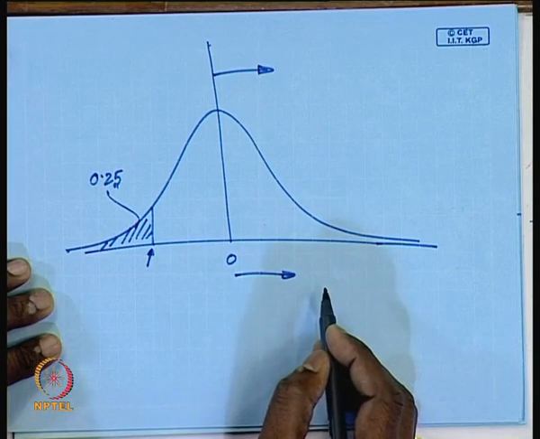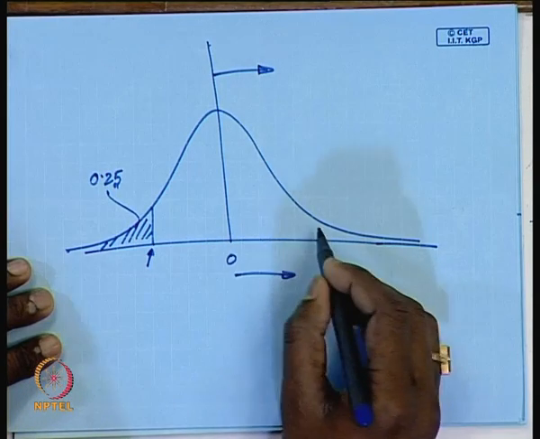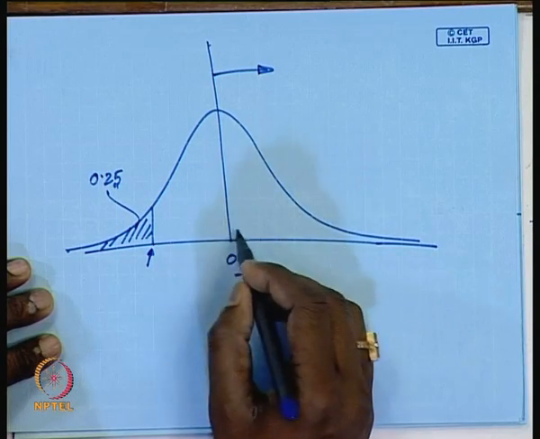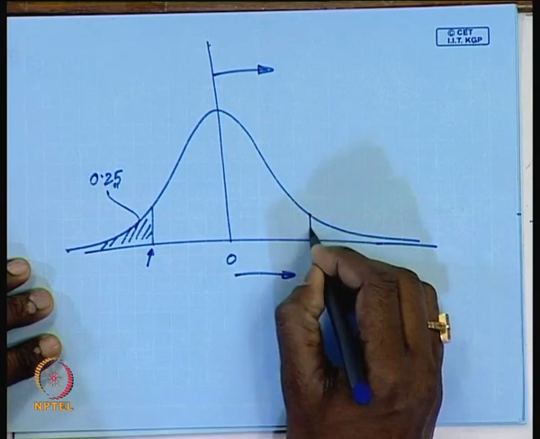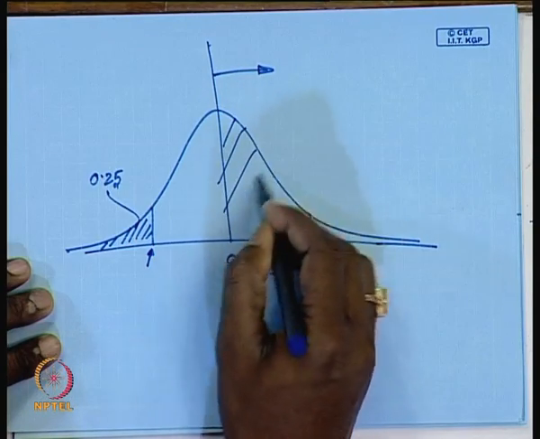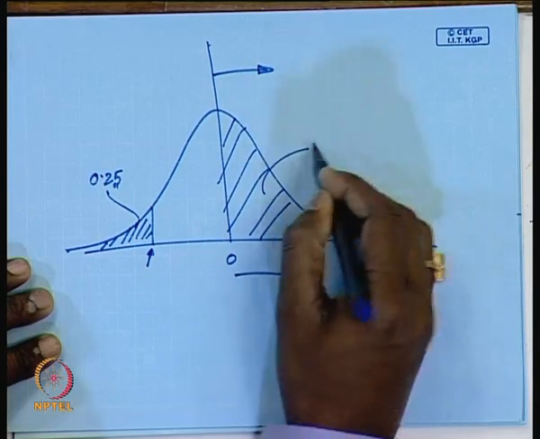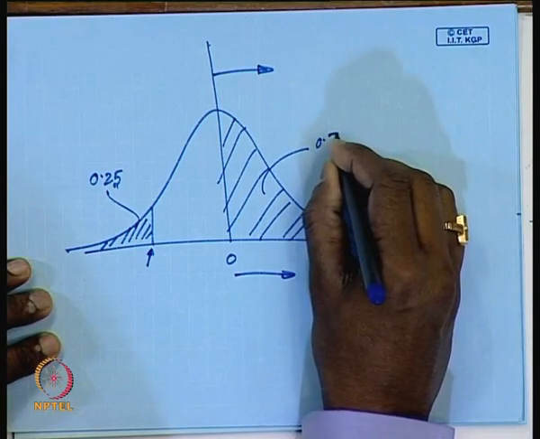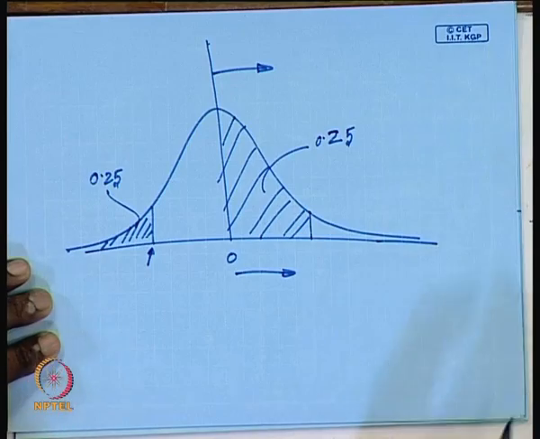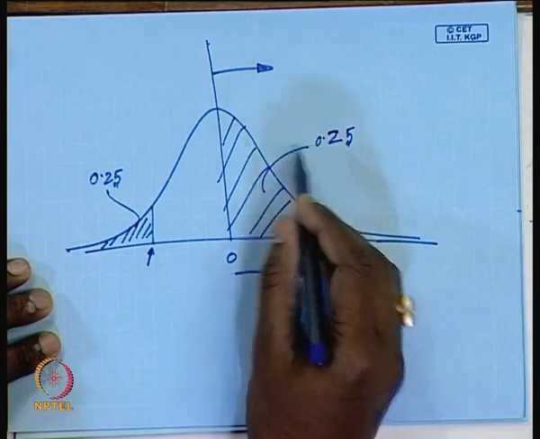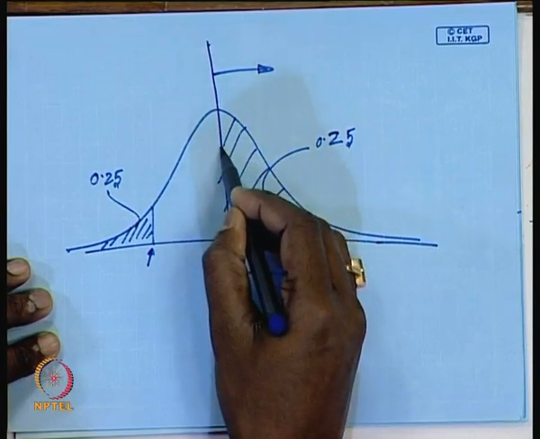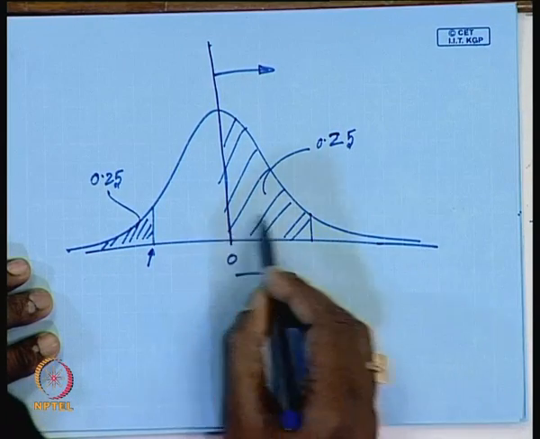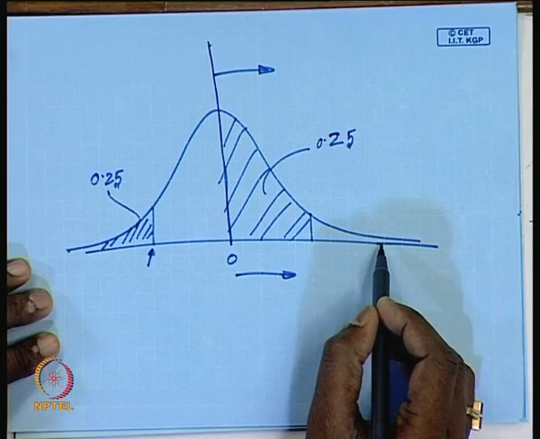So if only the positive side is available, we find the value where this area is equal to 0.25. Why 0.25? Because I know that from 0 towards the positive side, the total area below this curve is 0.5.